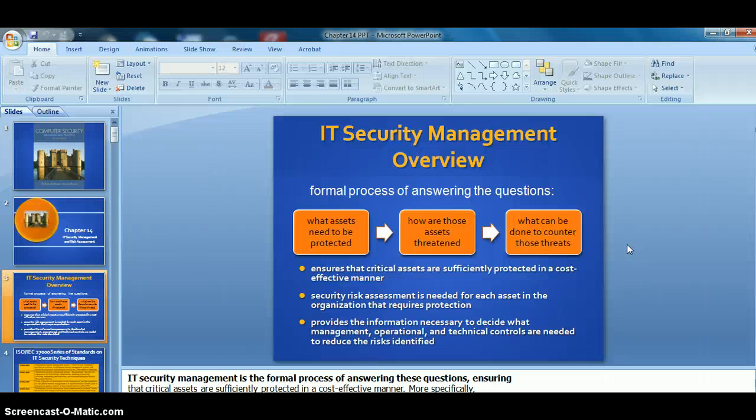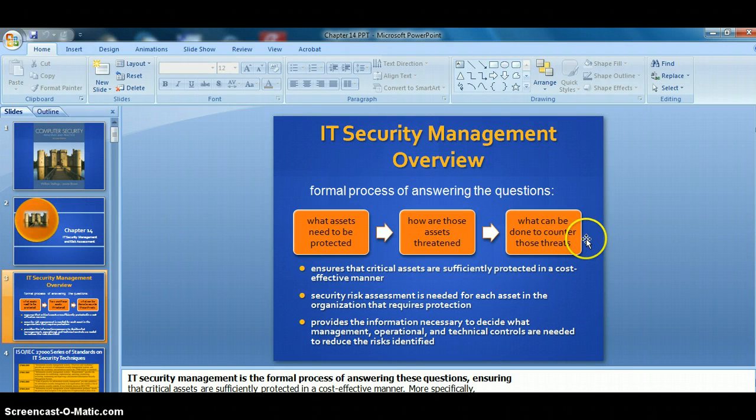What assets need to be protected? How are these assets threatened? What can be done to counter those threats? This is a group of questions which is asked when we go with security.